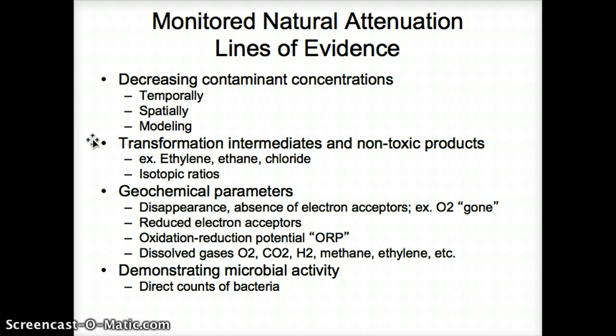Another way of monitoring is checking the bacterial activity and checking other gases that occur naturally in the soil. If they're changing over time, that might indicate chemical redox reactions happening that are helping the transformation and the attenuation of those chemicals.